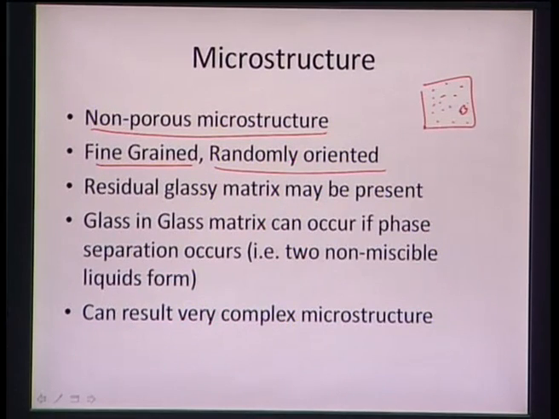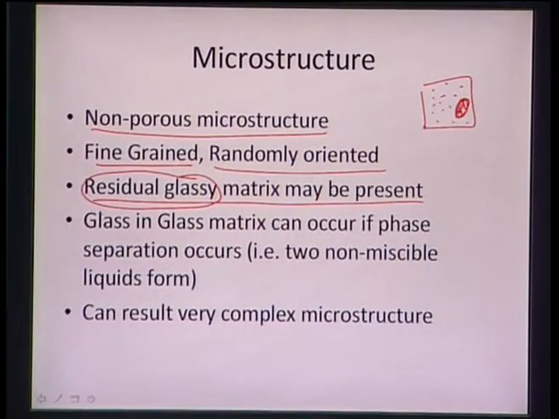And then the residual glassy matrix can also be present, because it might happen that certain regions do not get a chance to nucleate at all, and even raising them to very high temperatures we may not see any formation of crystals or nuclei at those locations. So we can also see retention of a glassy matrix in the microstructure. So this can result in some residual phases of glass inside the microstructure.